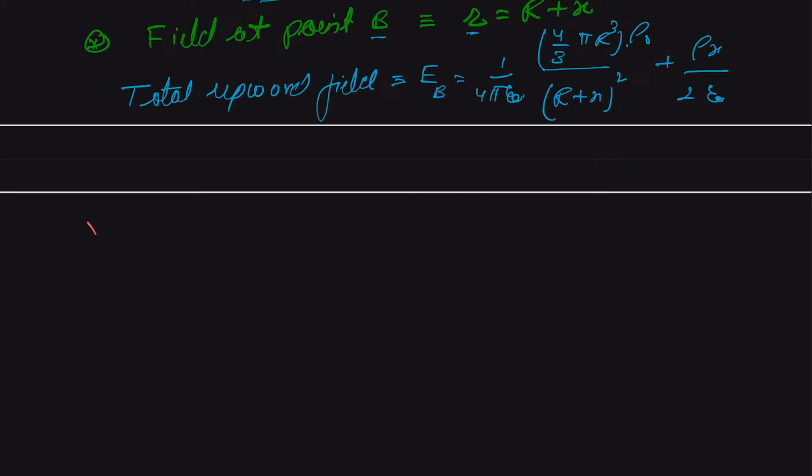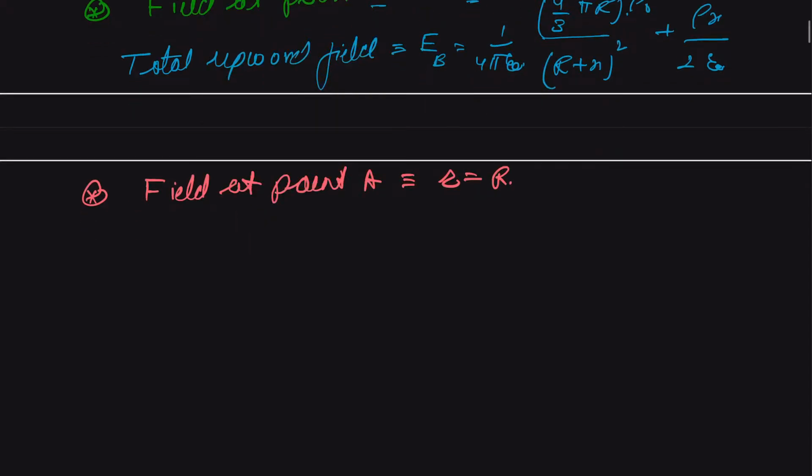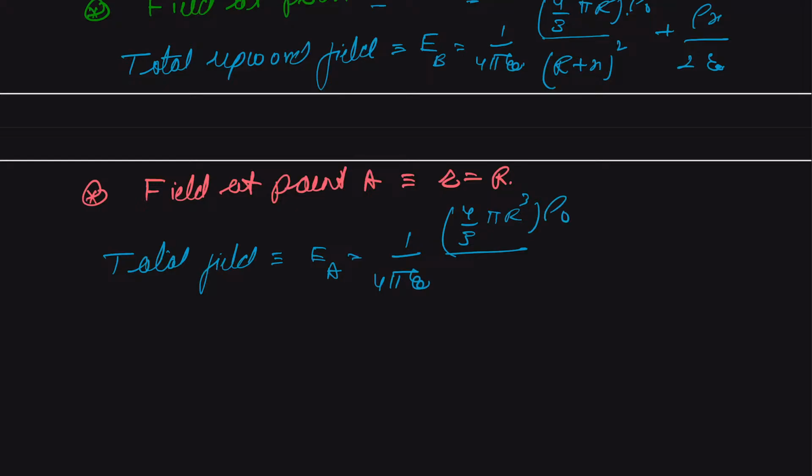Whereas for our field at point A, now in this case our R is equal to capital R. Therefore, we can say that the total field, let us call this EA, will be equal to 1 upon 4 pi epsilon naught, and this is over 4 by 3 pi r cube times rho naught, and this comes as r square.